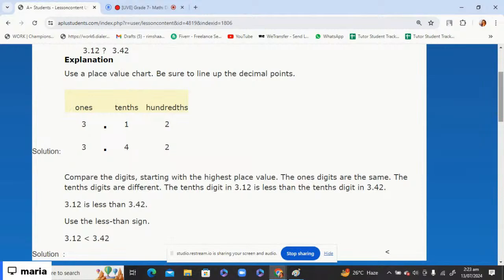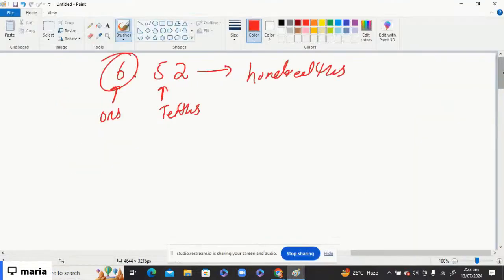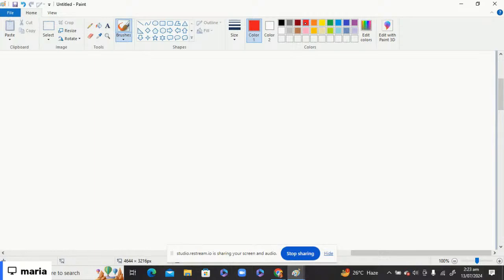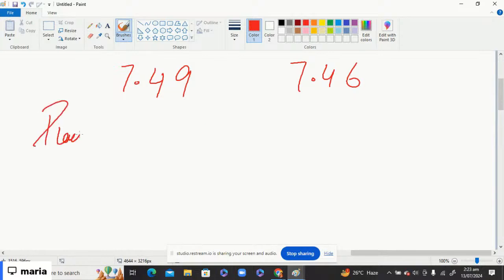So we can say that this is the greatest number. For example, if I'm going to write some questions here, I'm going to write 7.49, then 7.46. First of all, use the place value chart.